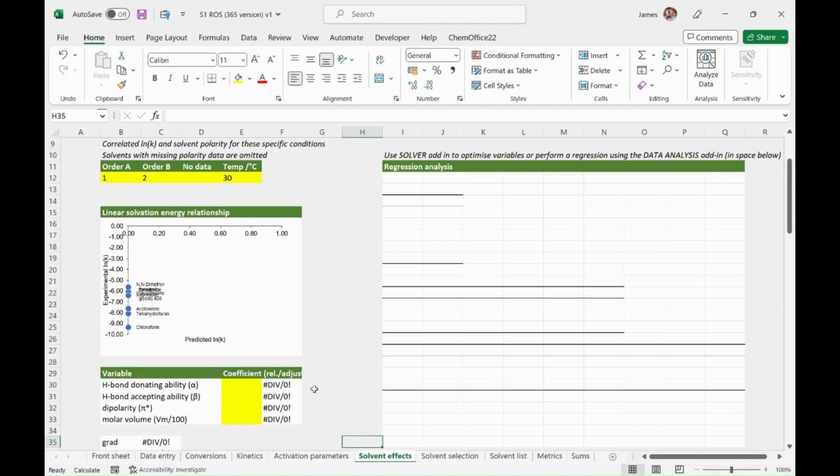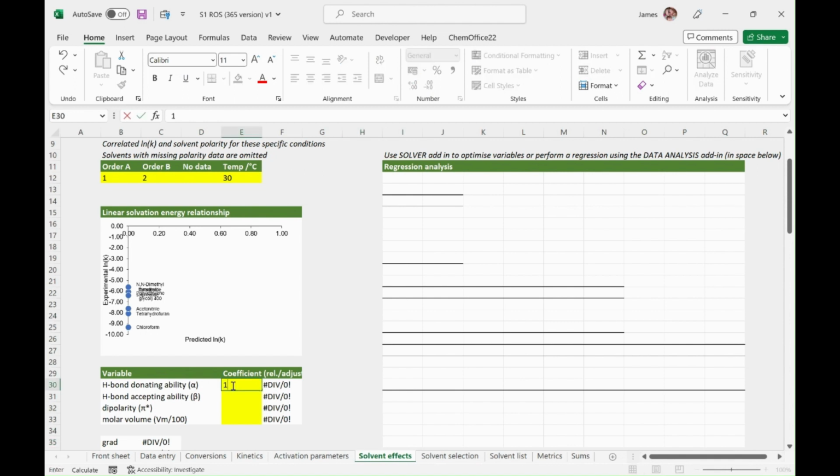So we have 4 parameters here which relate to the way that the solvent can interact with the products, and in this case the activated complex, and that will change the rate of reaction. Alpha, beta and pi star are known as Kamlet-Taft parameters. So these will correlate to the rate constant.